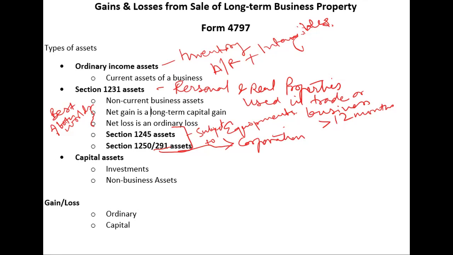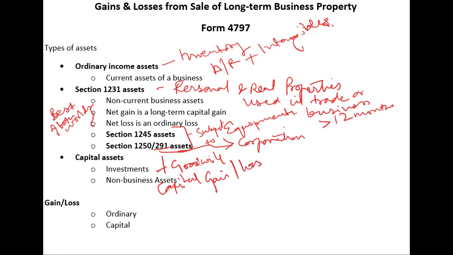So goodwill is also there. These are treated as capital gains and capital losses. So any gain or loss from sale of capital assets is treated as capital gain or loss.